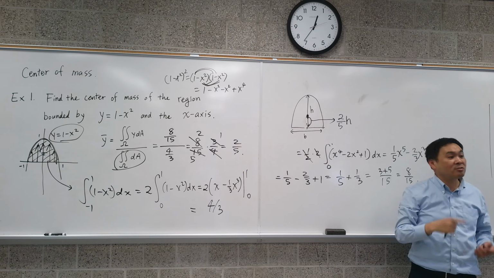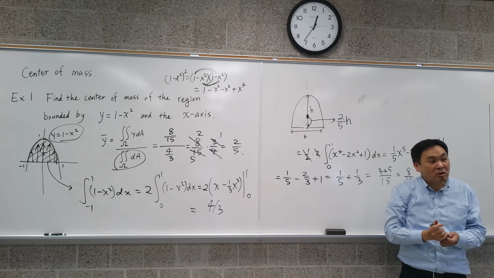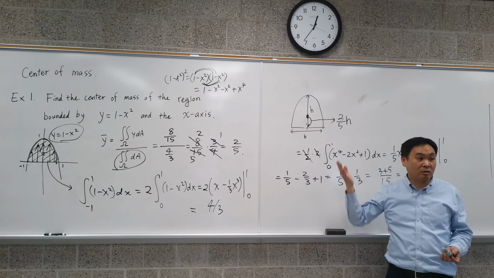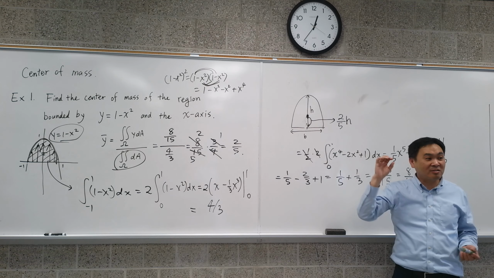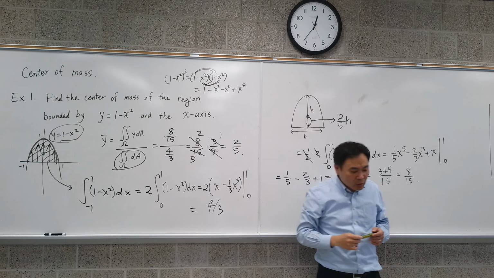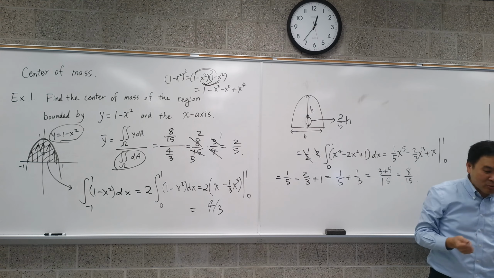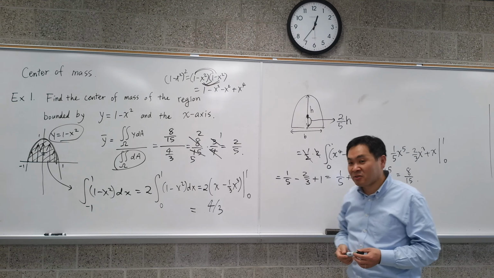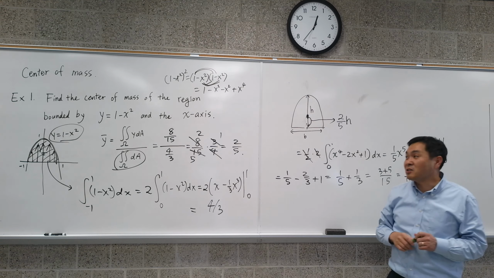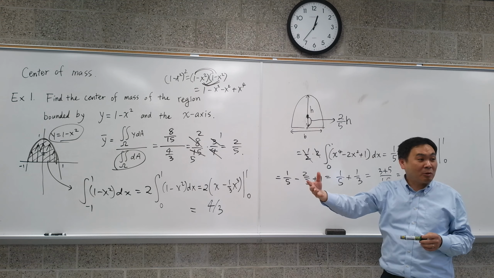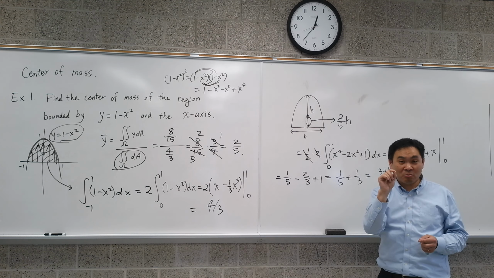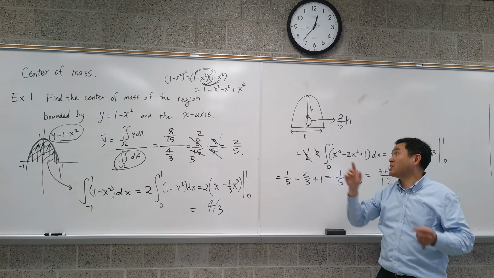Okay, and this is another result that you'll be using in your engineering statics course or dynamics course, because in physics, one of the revolutions that Newton brought about was that he was able to explain that the motion of an object can be thought of as a single point-like object, which is at its center of mass.